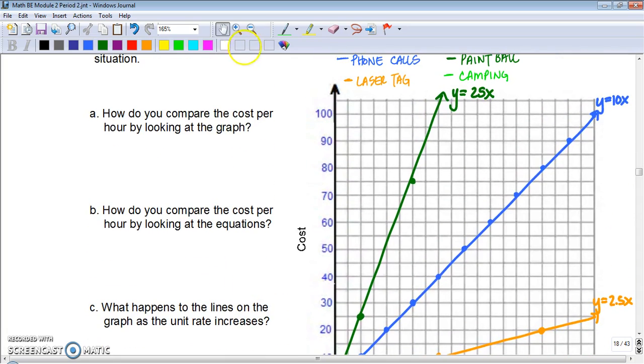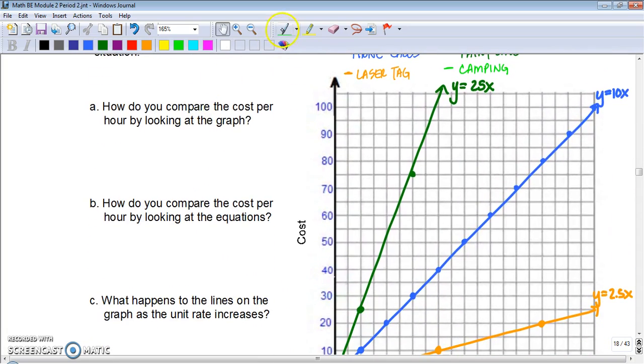Don't forget, you need to graph your last line. And it says, how do you compare the cost per hour by looking at the graph? So hopefully we're seeing that the steeper the line, the more expensive the activity.